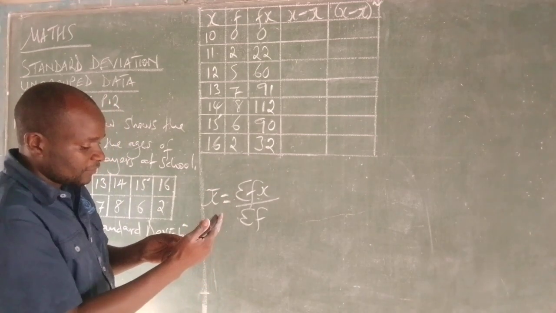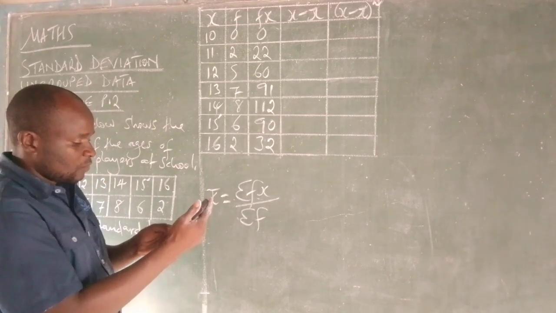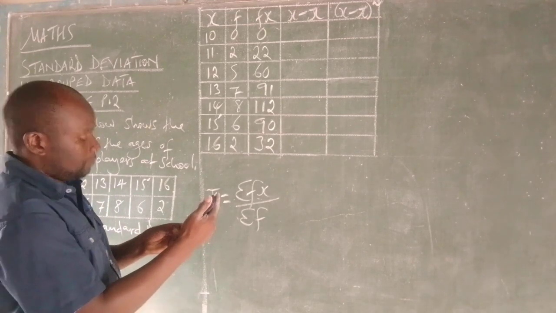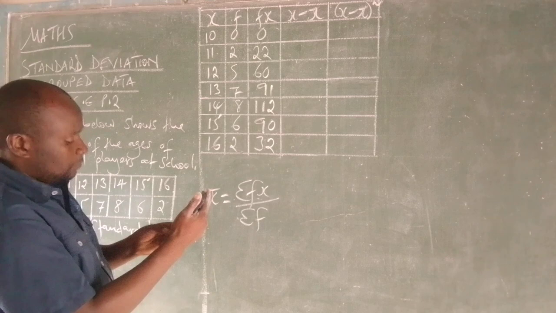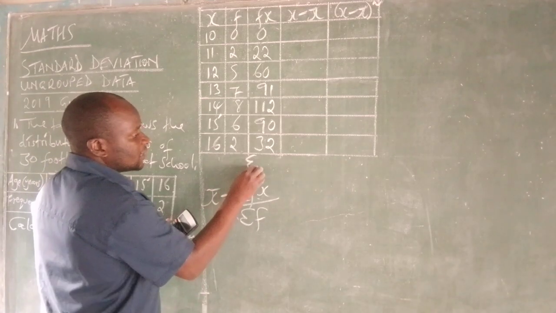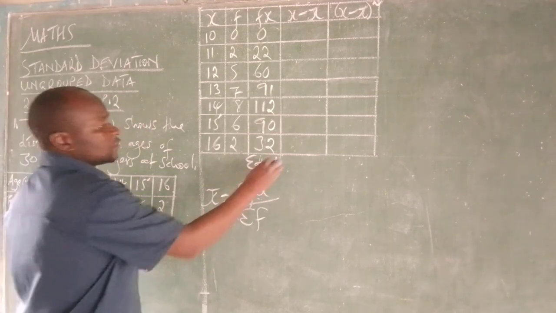So here we're going to have 32 plus 90 plus 112 plus 91 plus 60 plus 22. So we have 407. This is the summation for Fx, which is 407.